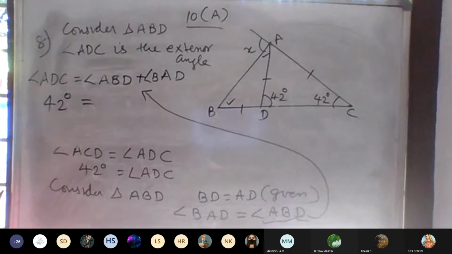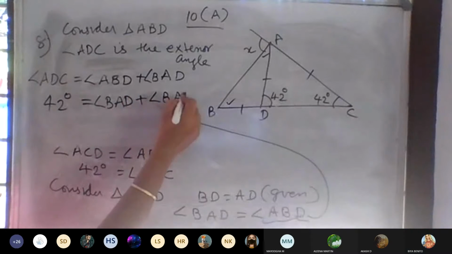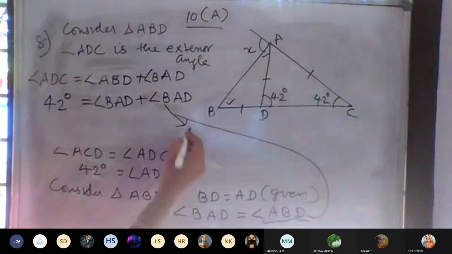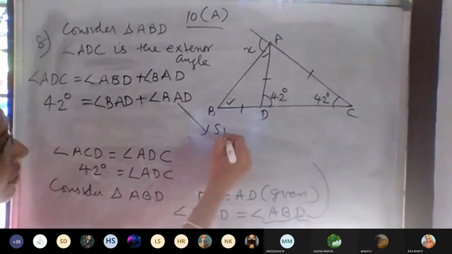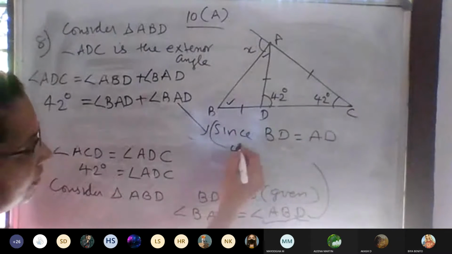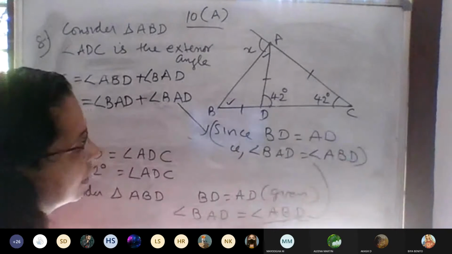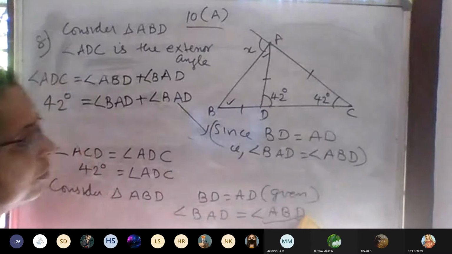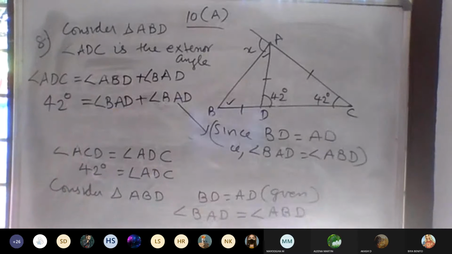Since BD is equal to AD, angle BAD is equal to angle ABD, both are the same, so instead of ABD we write angle BAD.